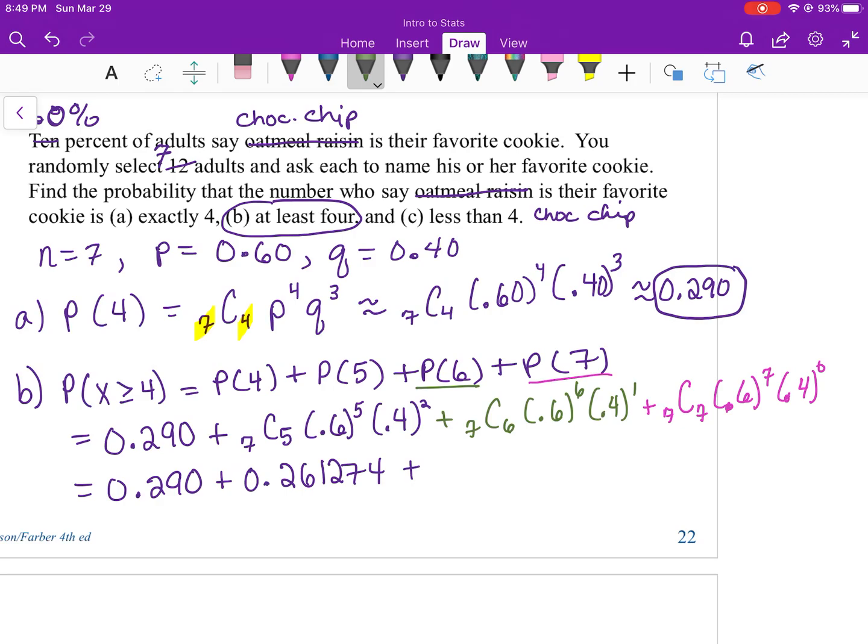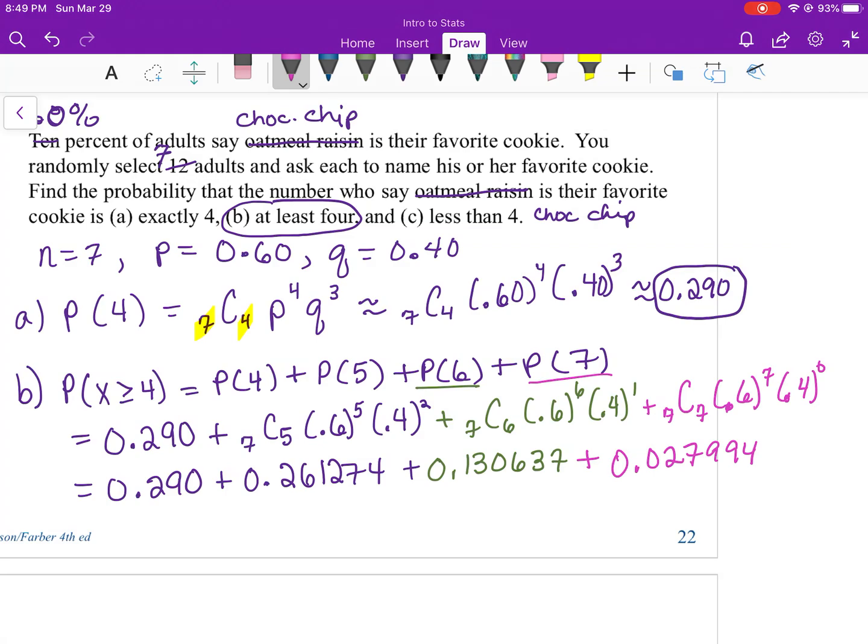Change my exponents in my calculator. And the next one is 0.130637. And the last one, roughly 0.027994.